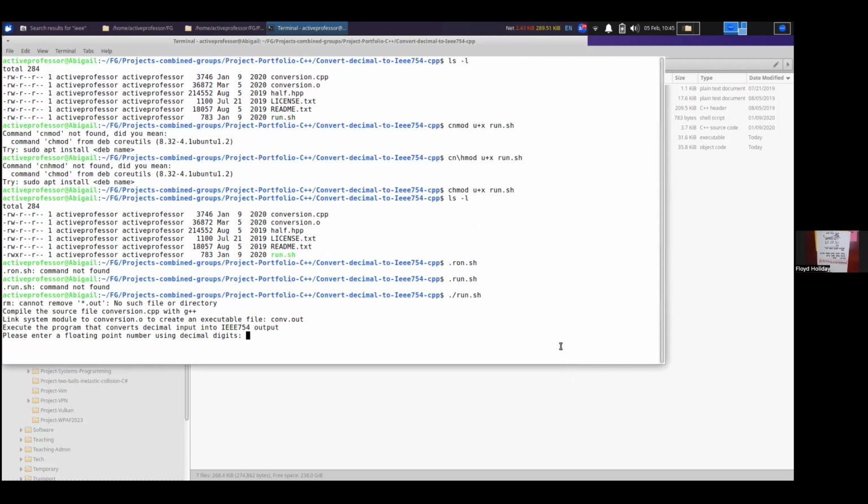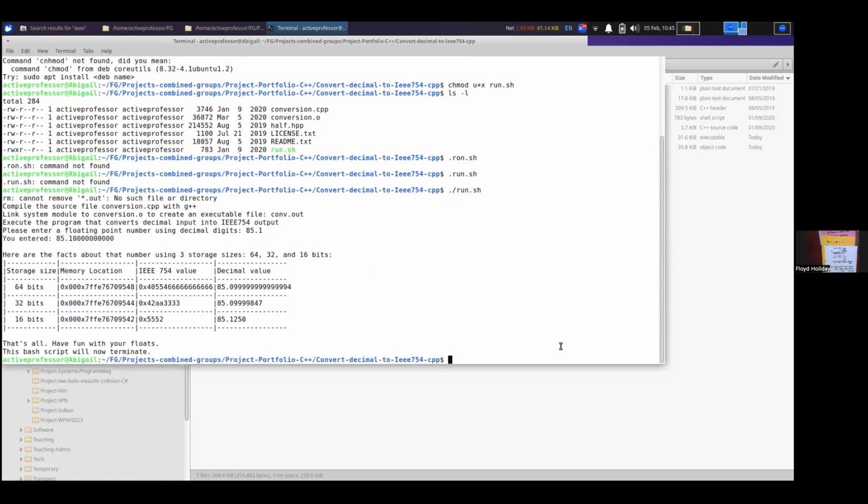Okay, it says enter a floating point number using decimal digits. What's the one we last had here? It was the last number we had, 85.1. Okay, 85.1. So the answer we're concerned about is this one.